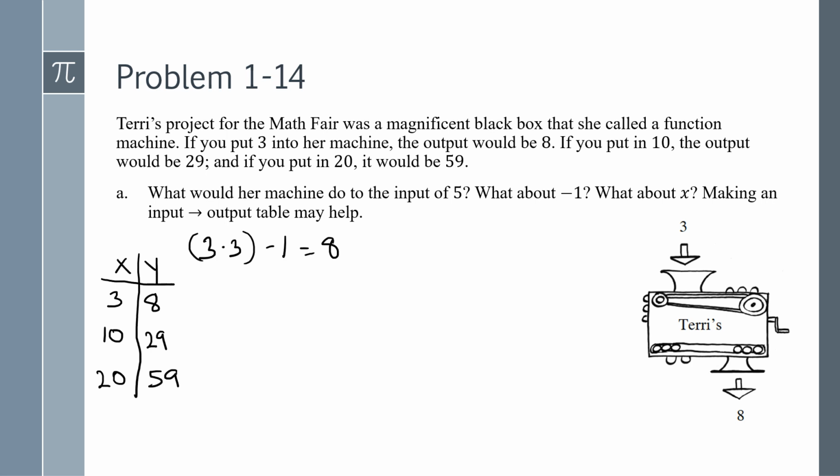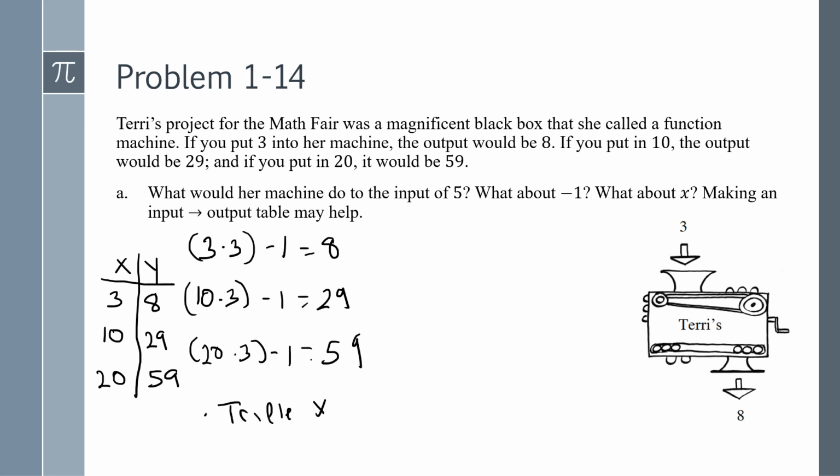So let's try 10. 10 times 3 is 30, minus 1 is 29. That works out. So 20 times 3 is 60, minus 1 is 59. So it looks like if I triple x, then subtract 1, that should give me my new output.